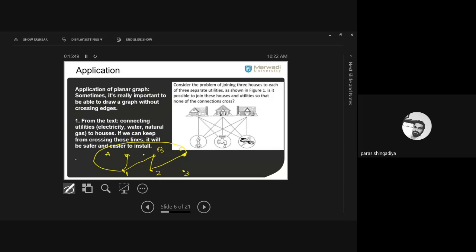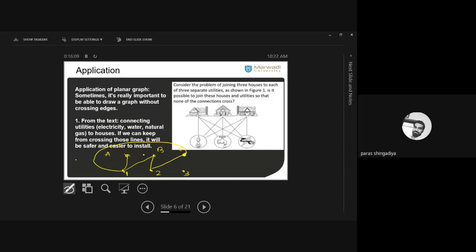If I consider this pipeline here, it will cross this edge. If I connect it the outside way, it will also cross this edge. If I remove this edge and connect it this way, that is one situation we have.